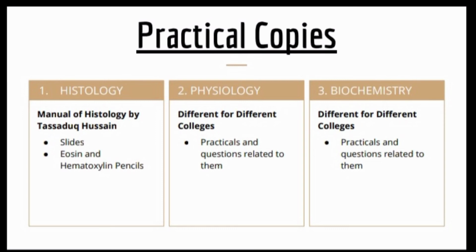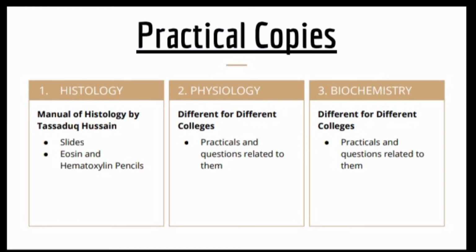For physiology, there are different practical copies for different colleges. It varies from one college to another. Some colleges might have their own practical copies, while there are some practical copies available in the market as well. For example, there is one by Professor Sheeni Haver. So some colleges might be asking you to buy those.